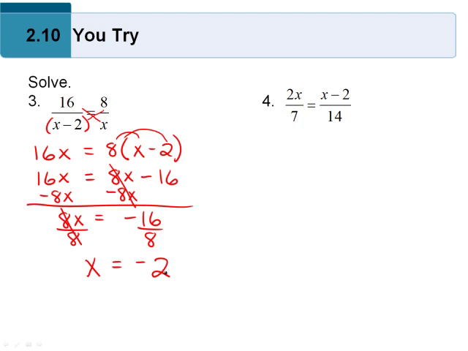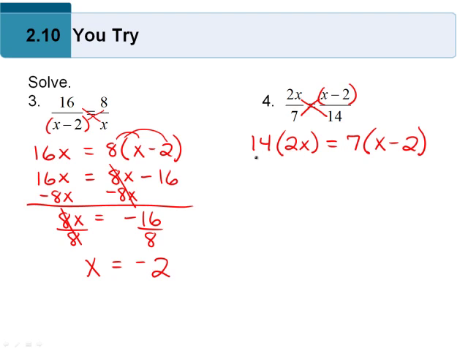Look at number 4 here. I'm going to do the same thing. I'm going to cross multiply. I want to keep that x minus 2 in parentheses there. On this one, we're going to have 14 times 2x, or you could have put 2x times 14, it doesn't matter, equals 7 times x minus 2. So 14 times 2x, you are not distributing there because that's just one term, 2x.